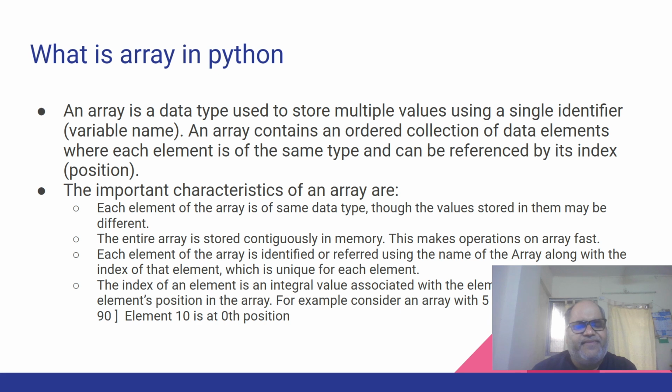The entire array is stored continuously in memory, and that helps you access individual elements faster. And you can access any element just by using its position, which is where exactly from the beginning it is.